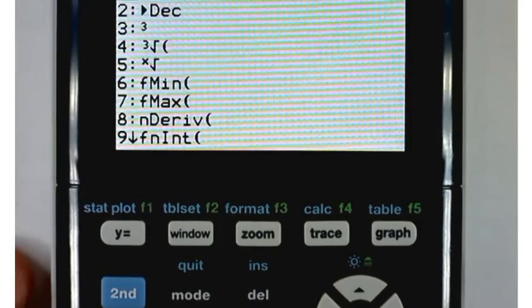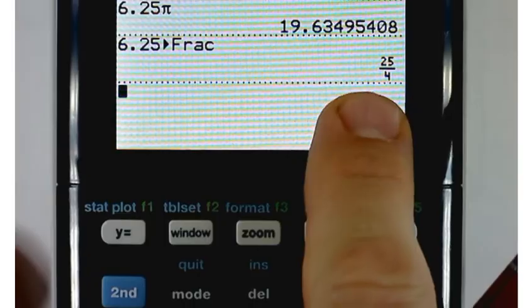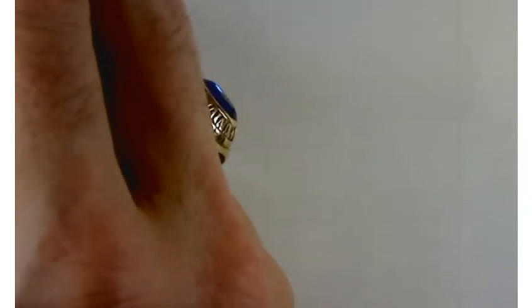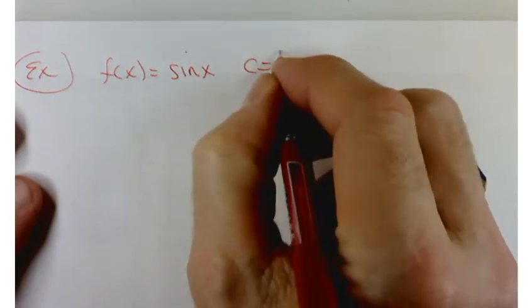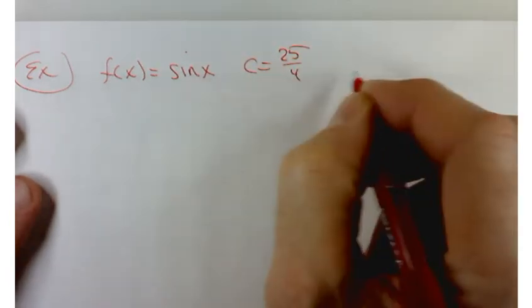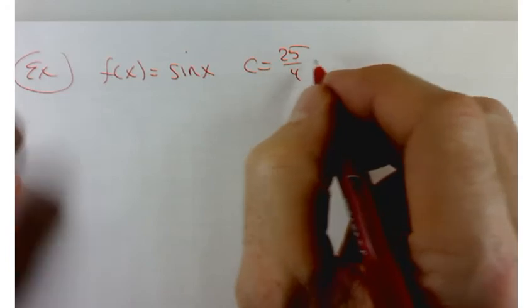6.25, answer to fraction, is 25 over 4. So that's our center. So here's our mission. f of x is the sine of x. Our center is 25 over 4 pi.